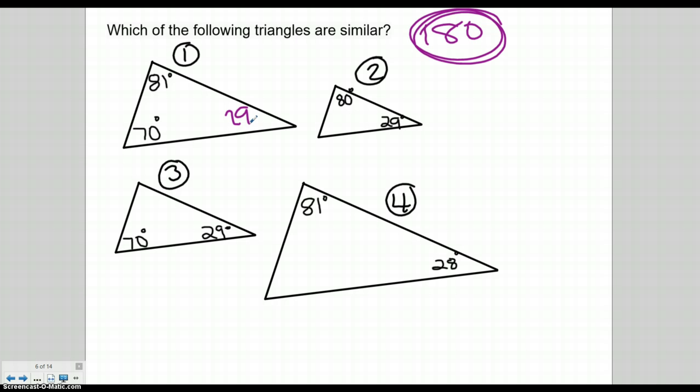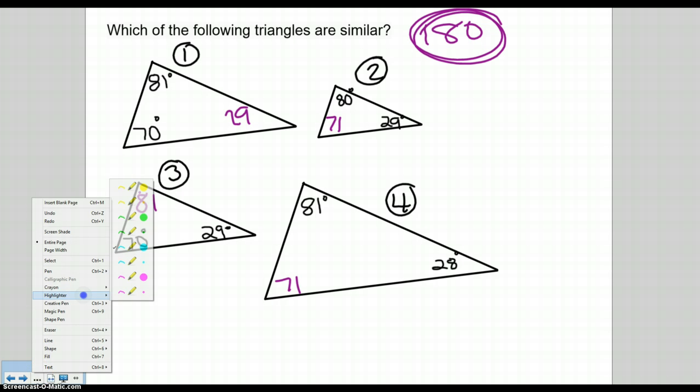Triangle 2, 180 minus 80 minus 29, so the third angle is going to be 71. Triangle 3, we're looking at 180 minus 70 minus 29, so that third angle is 81. And then the final triangle, triangle 4, 180 minus 81 minus 28 is 71.